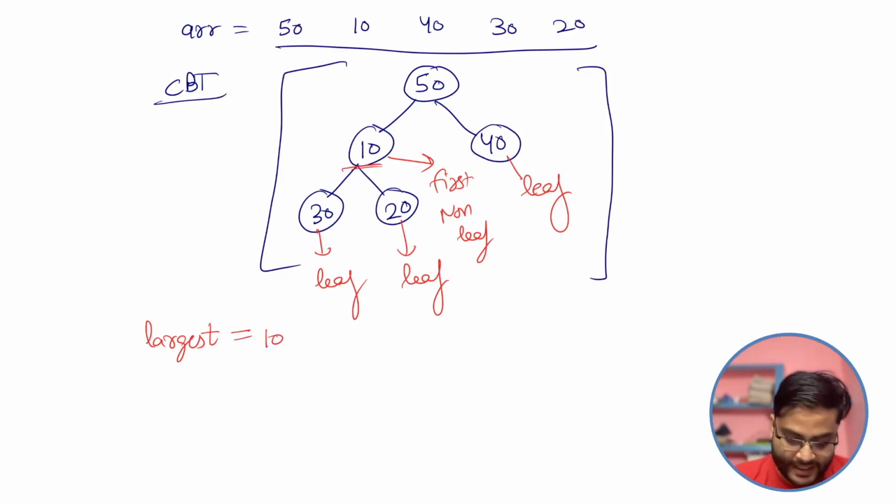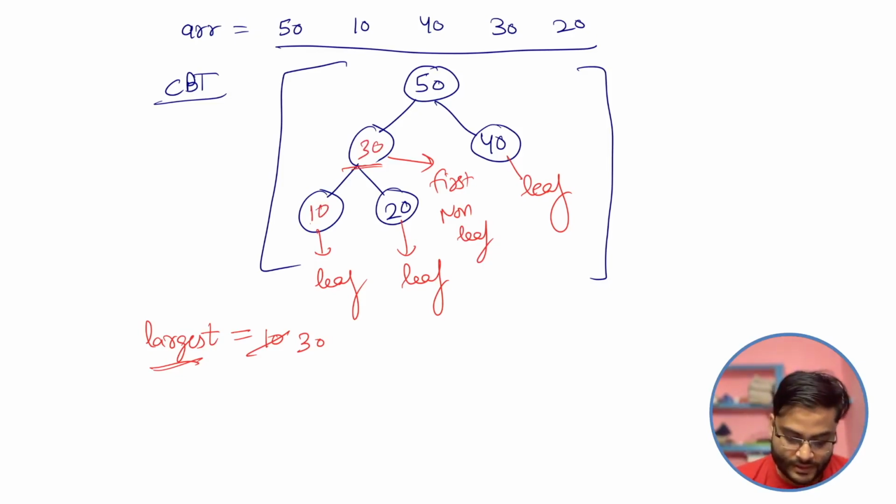Now comparing 10 and 30, 30 is largest, so I store 30 here. Now compare our largest with the right child. The right child is 20, largest is 30, so 30 is greater. So I will swap these values. So it will be 30, and it will be 10.